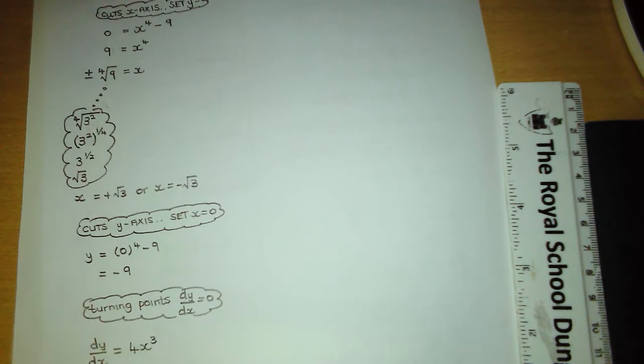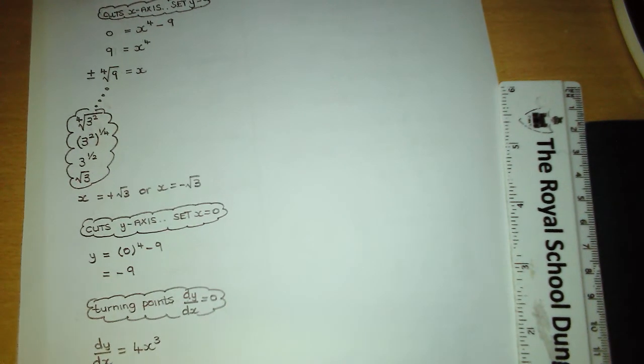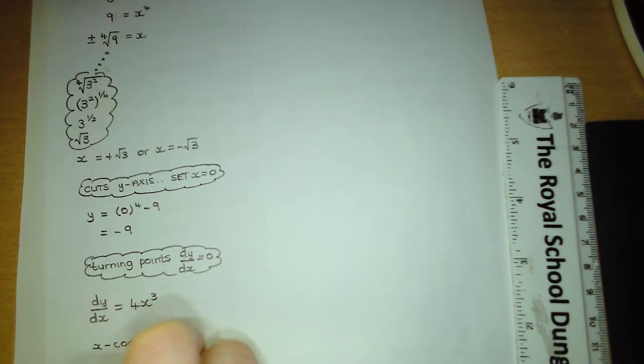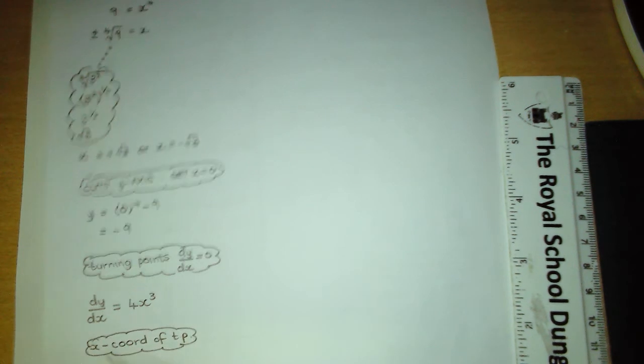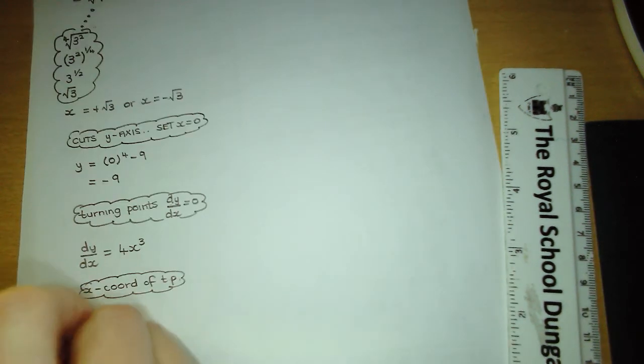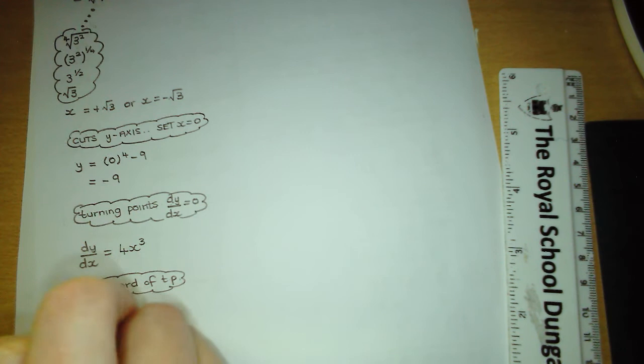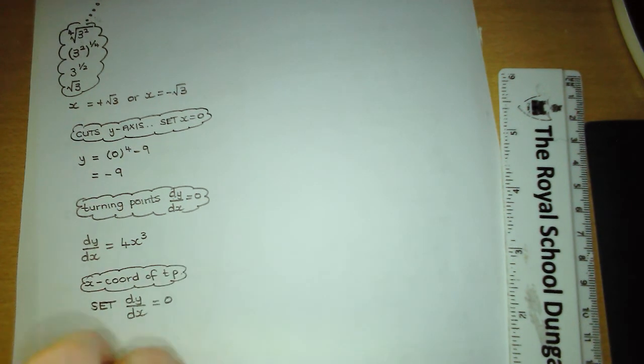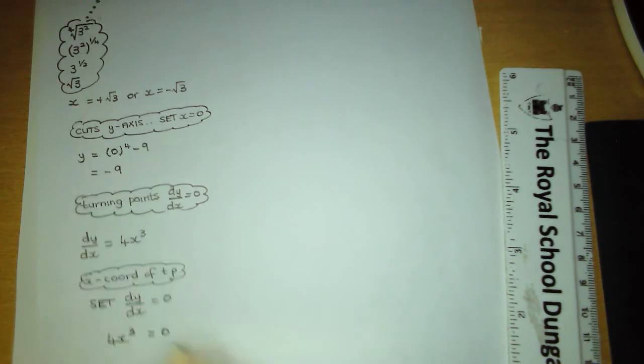Okay, so we're now going to get the x coordinate of the turning point. We are going to set dy by dx equal to 0, and then we're going to solve it. So we set 4x cubed equal to 0.